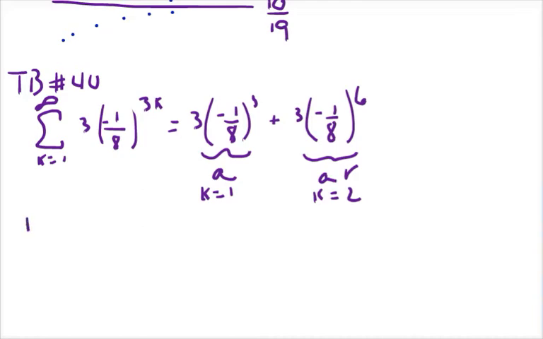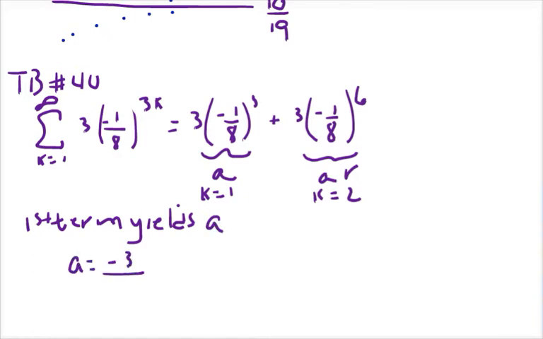So the first term yields a. So a is equal to minus 3 over 8 cubed. Look at the second term.